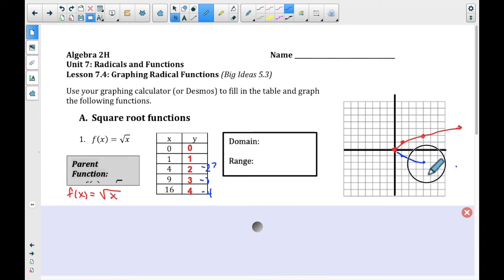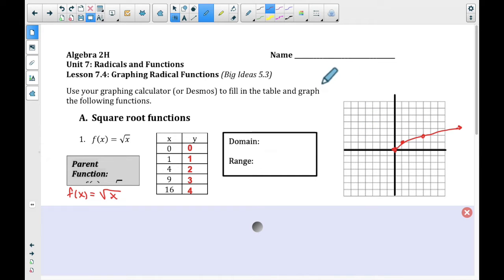Doesn't that look like a sideways parabola? It is a sideways parabola, and it doesn't pass the vertical line test. So I'm going to erase this section because it is not both the positive and negative, it's just the positive values. Otherwise, it would not be a function because it would not pass a vertical line test.